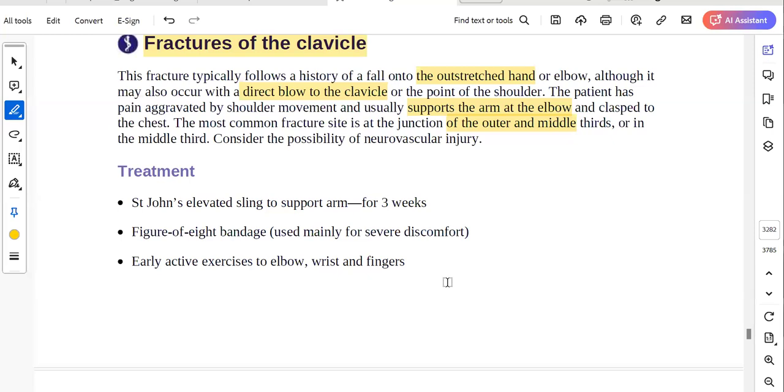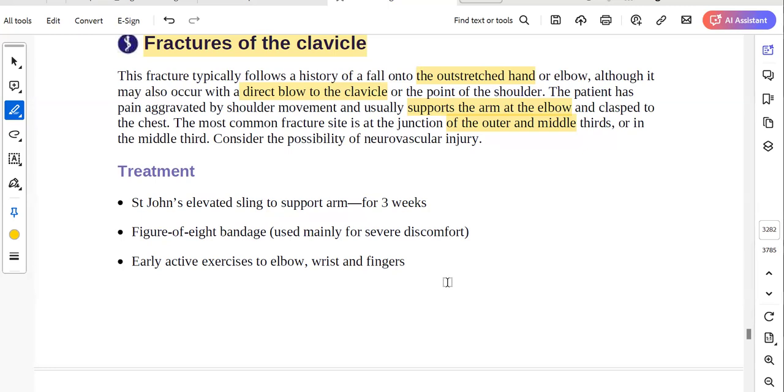And what artery can get injured? The axillary artery can get injured. So we check the radial pulse in this patient just to make sure that they haven't injured any of the arteries. And sometimes with clavicle fracture, the patient can injure the lungs, and it can also get complicated with a pneumothorax. So we need to make sure there is no neurovascular injury and no injury of the lung.